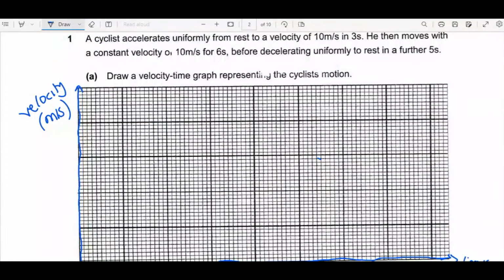The highest velocity achieved by this cyclist was 10 meters per second, and this velocity was achieved in 3 seconds. Then after that we are going to have a horizontal line, or a line parallel to the x-axis. He then moves with a constant velocity of 10 meters per second for another 6 seconds. Then after that we are going to have deceleration.